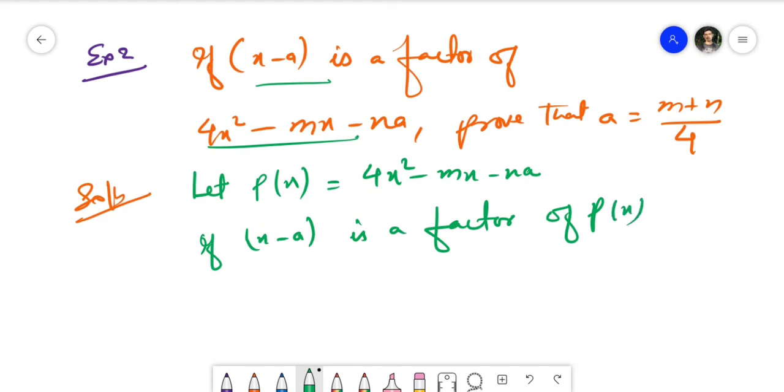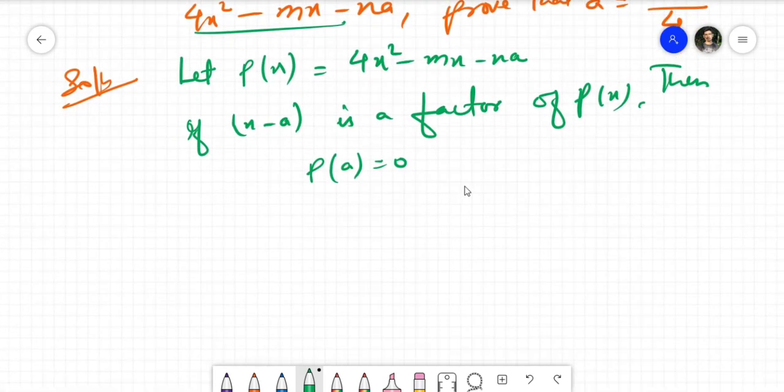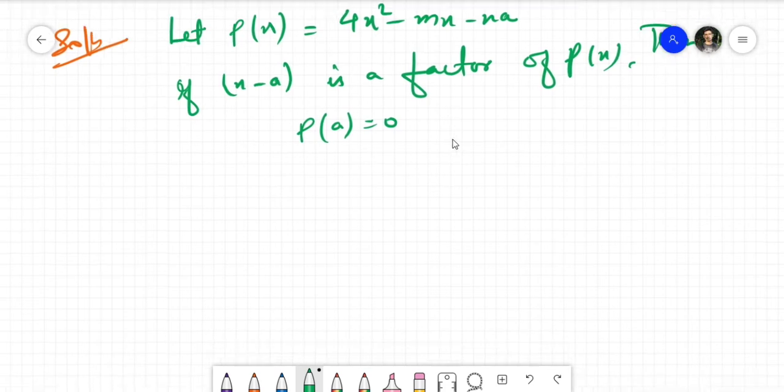I'm not going to write this long one. Then p of a is equal to 0. We have done the theorem. You see it properly. Same thing, isn't it? This is the same theorem number 2.